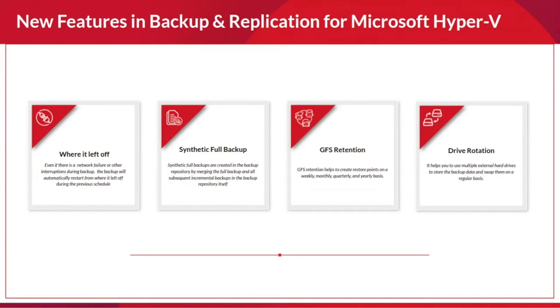And a new feature that has been added, based on the repository, is drive rotation. We can even call it disk rotation also. It helps you add some external hard drives, and you can keep swapping them at regular intervals.